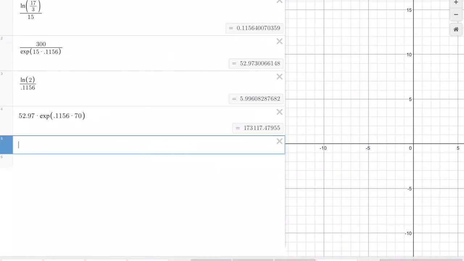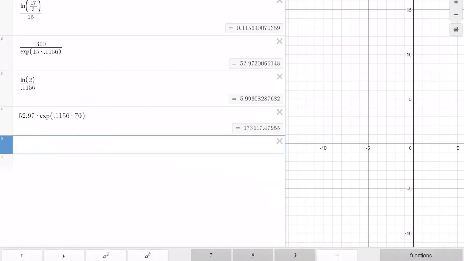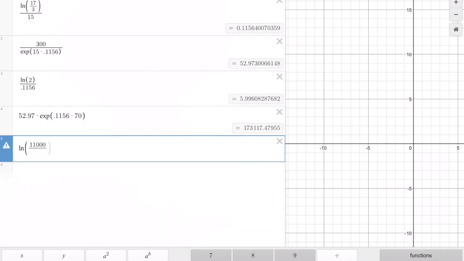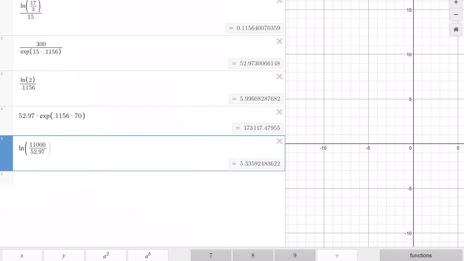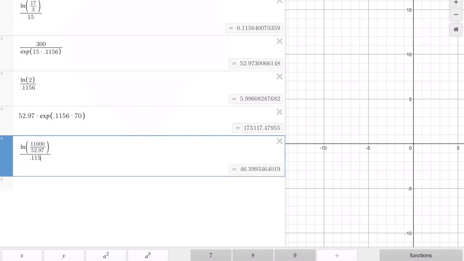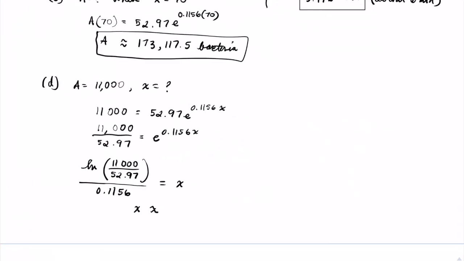So we can get an approximate value there: natural log of the quotient 11,000 divided by 52.97, and then divided by 0.1156. And we get 46.16.